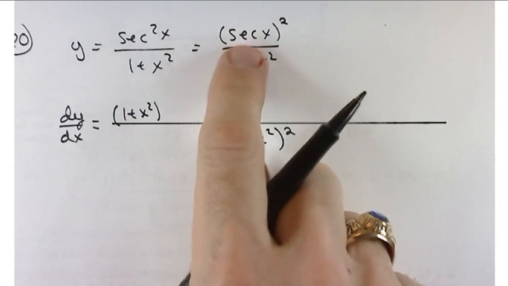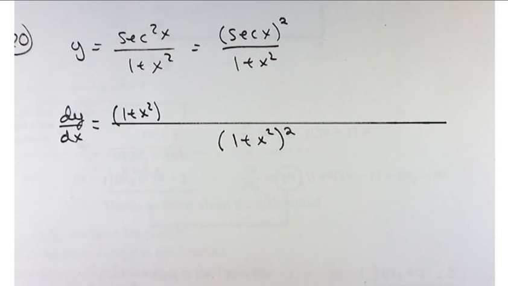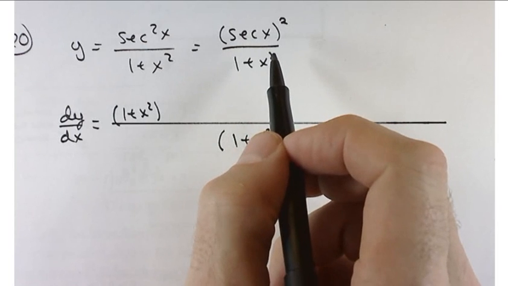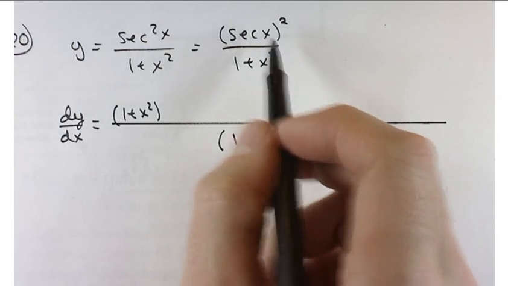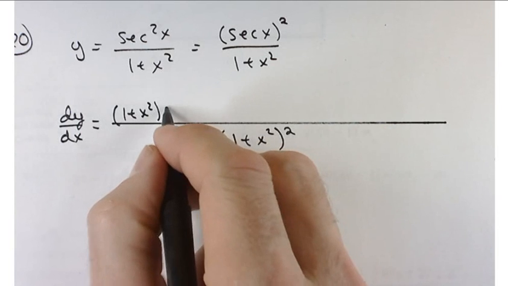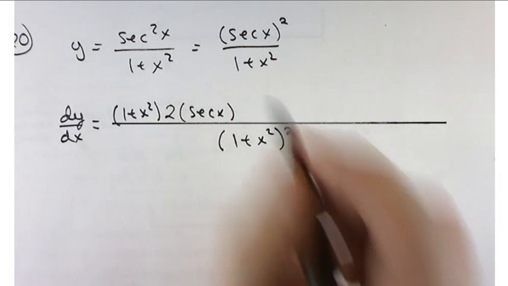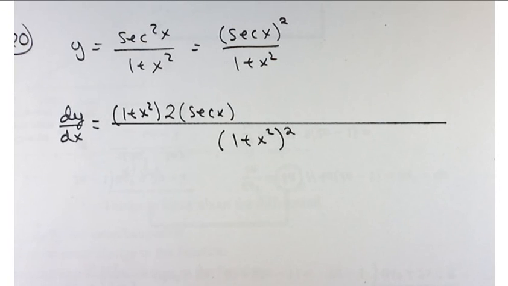Now let's use this second form to differentiate the numerator. What's the outside function in this case? The squared function. So it's going to be 2 times the secant of x to the first power times the derivative of the inside. What's the derivative of the secant?